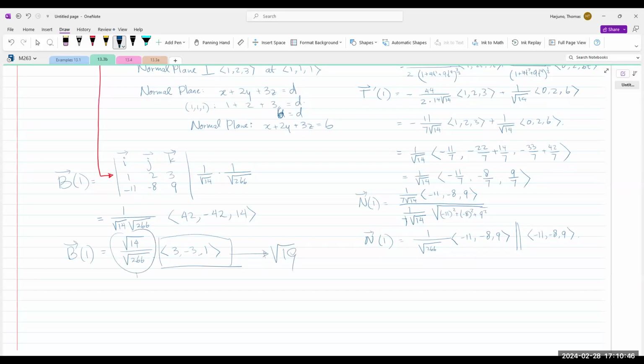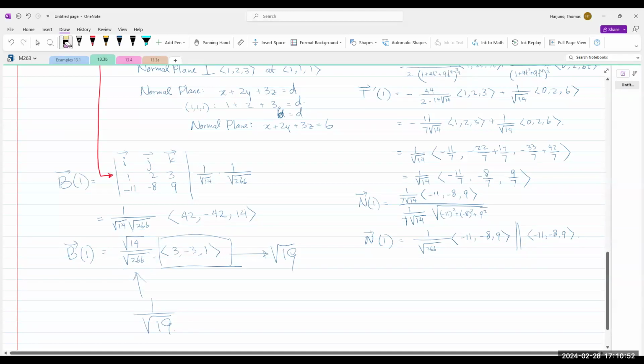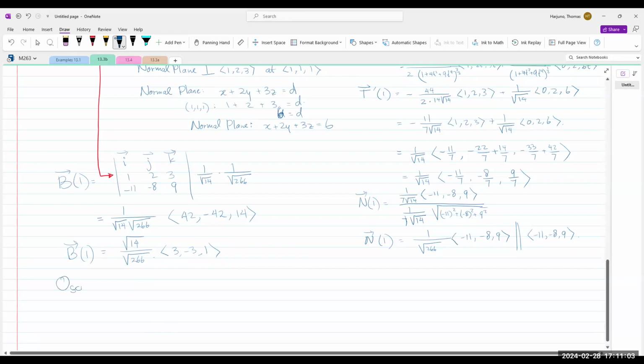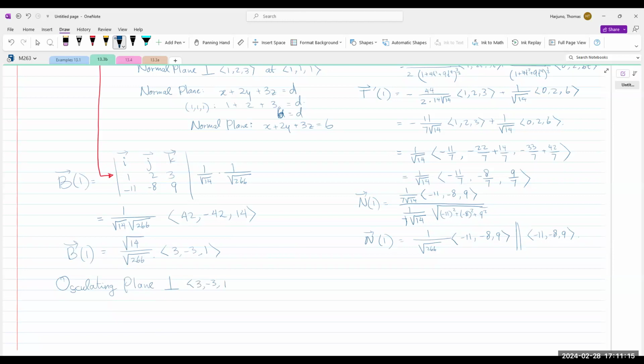Then I suspect this is 1 over square root of 19. That's how I think. But what we need is actually not the actual value of that binormal vector. I just need a vector normal to it. So the osculating plane that we are looking for is actually normal to that 3, negative 3, 1.